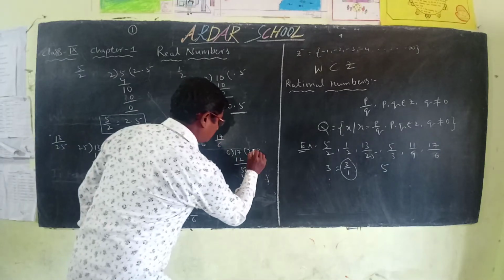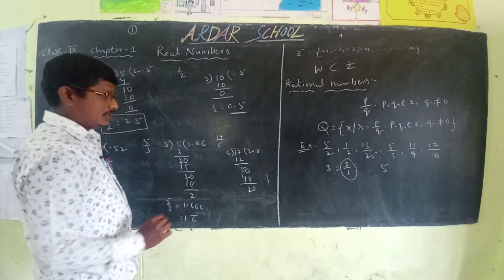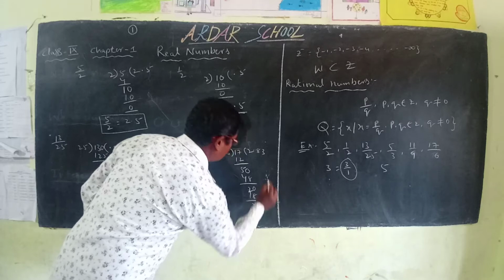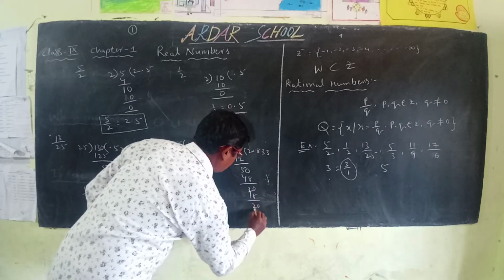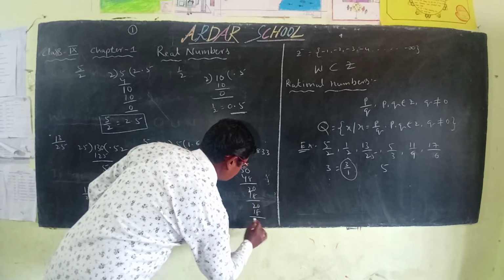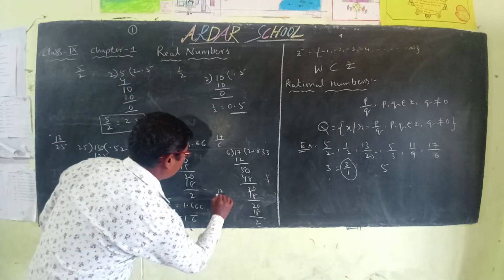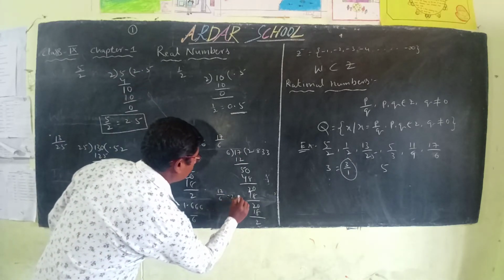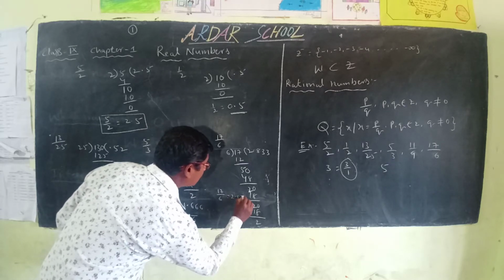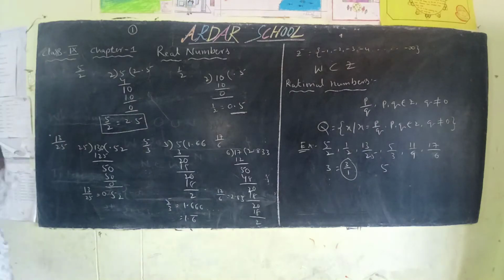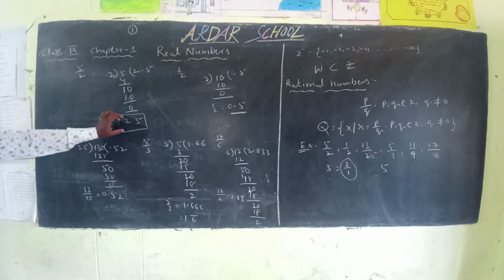Again take 0. 6 threes are 18, 2 again, 3 sixes are 18. This is continuous. So 17 by 6 is equal to 2.83 bar. So these rational numbers can be expressed as decimals.